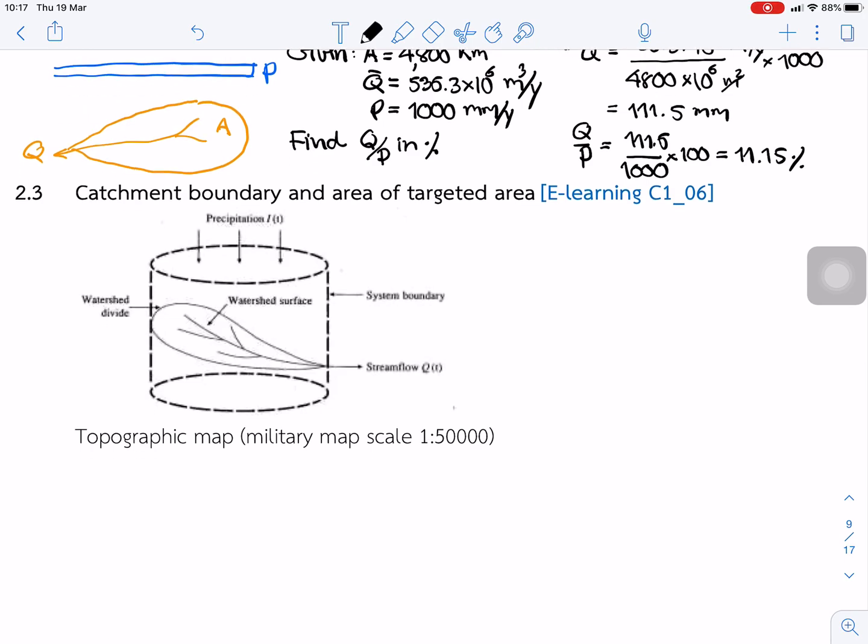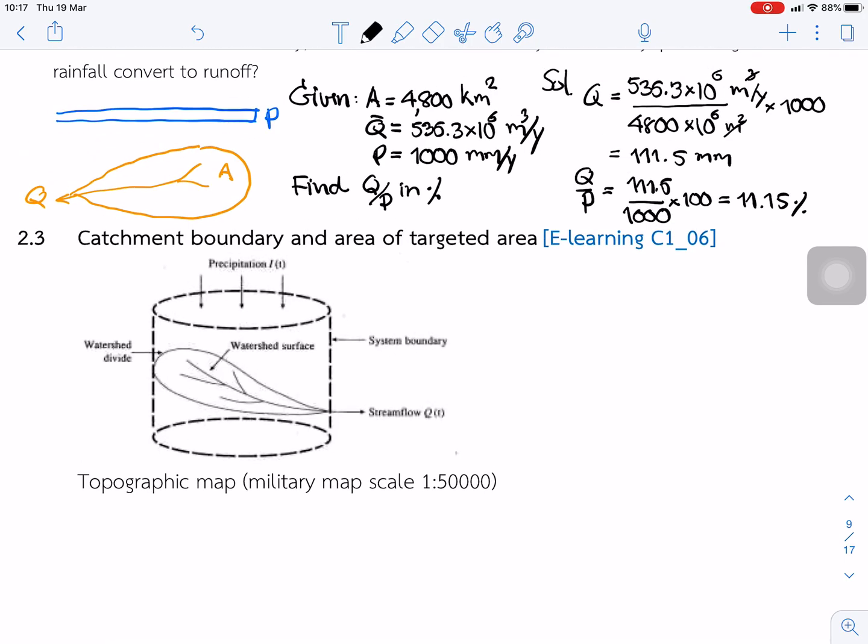The next topic is about the catchment boundary and the area of the target area. Okay, so this figure shows what a catchment area is. So we can define what a watershed divide is. Watershed or catchment has the same meaning.